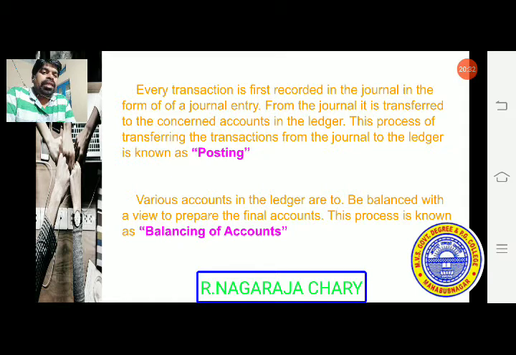Various accounts in the ledger are to be balanced with a view to prepare the final accounts. This process is known as balancing of accounts. So, after posting into concerned accounts, when all the transactions are completed at the end of the year, each and every account has to be balanced.